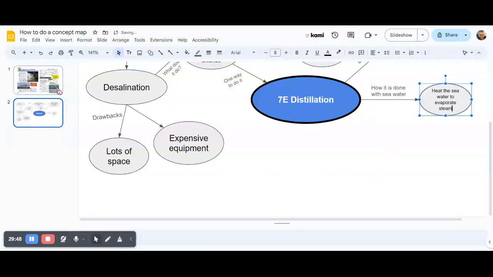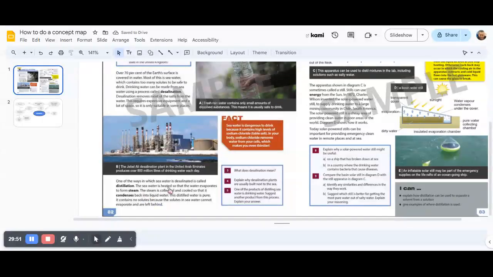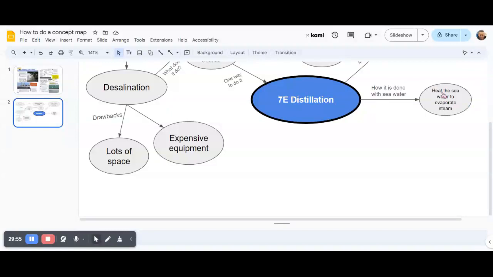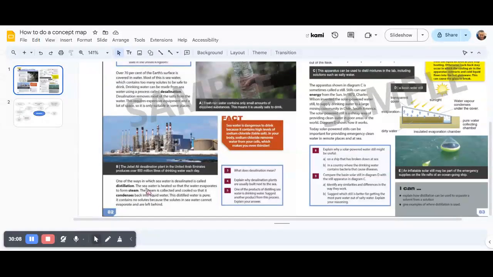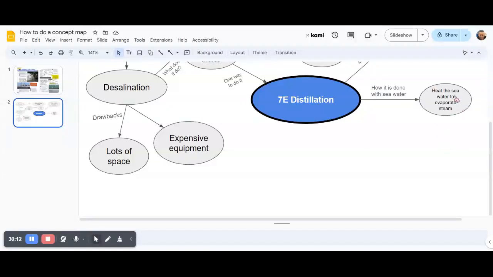Okay, so that's that process. So the water evaporates to form steam. Now, that's actually quite subtle, okay? Because you're not evaporating the seawater, you're actually evaporating the water, okay? So heat the seawater to evaporate, I'm just looking back, the seawater is heated so that the water evaporates to form steam.